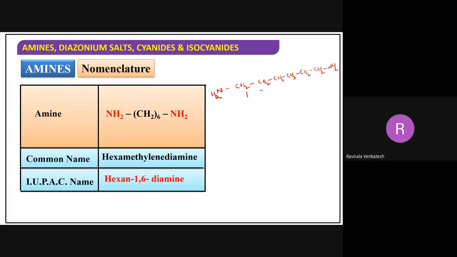Now numbering 1, 2, 3, 4, 5, 6, so 6 carbons are there. Hex, A, and first position amine, 6th position amine, 1,6 diamine it is, isn't it? Hexane 1,6 diamine or hexamethylene diamine. It will come in the polymers topic, but polymers are not there, so leave it.